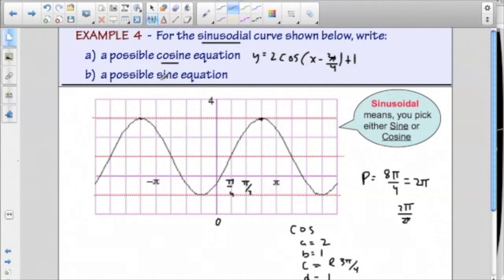Okay, now when you do the sine wave now, everything stays the same. All right, everything is the same except for this phase shift. So our A is still going to be 2, the B is still going to be 1, the D is still going to be 1, but now our phase shift is right here. We're starting right here now. So that's right 1 tick. So that's pi over 4.